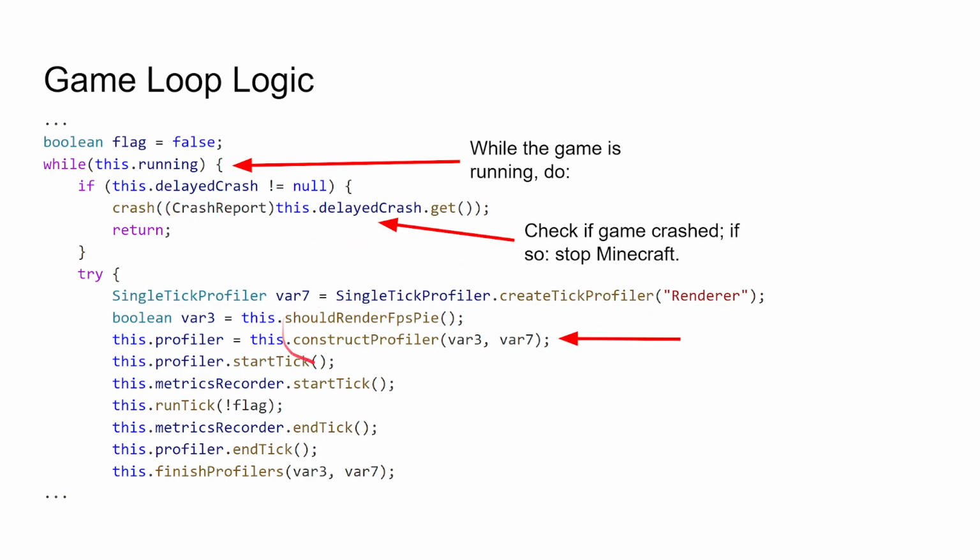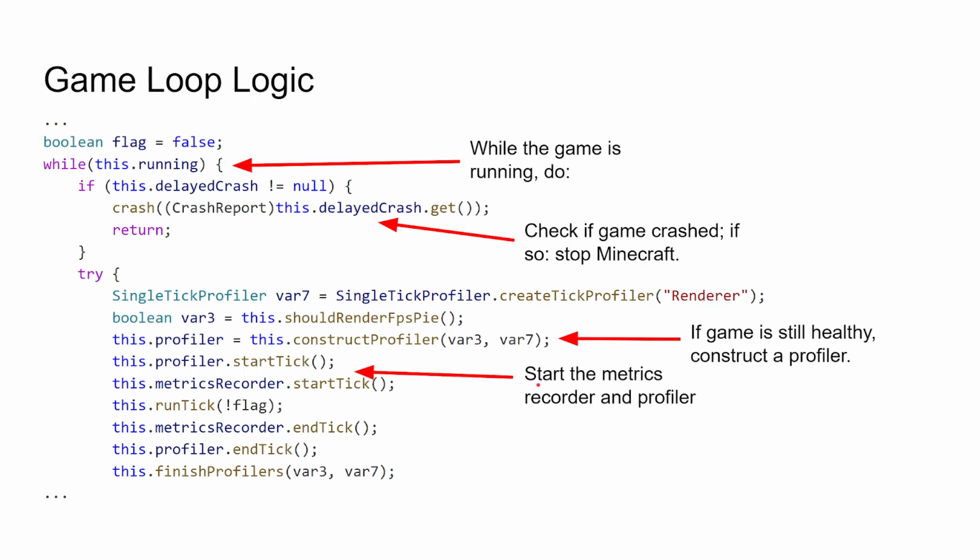Down here, if it doesn't crash, we continue on, and we see that it constructs a profiler, which basically just allows you to look at the performance of your game. So when you press F3, I think Alt F3, you see the FPS pie chart, all of that. Then it will start the metrics recorder and profiler. This, again, is for performance reasons.